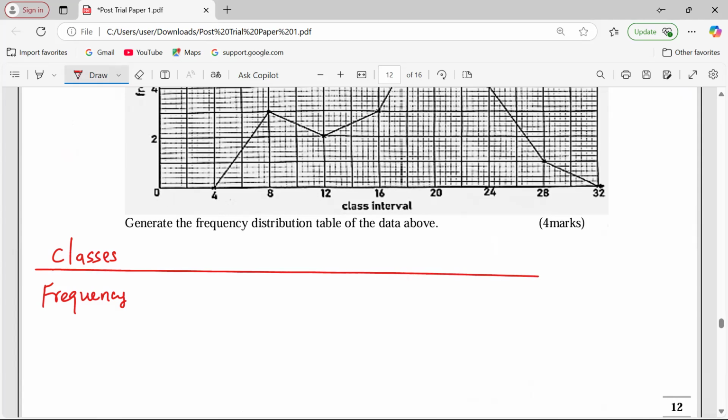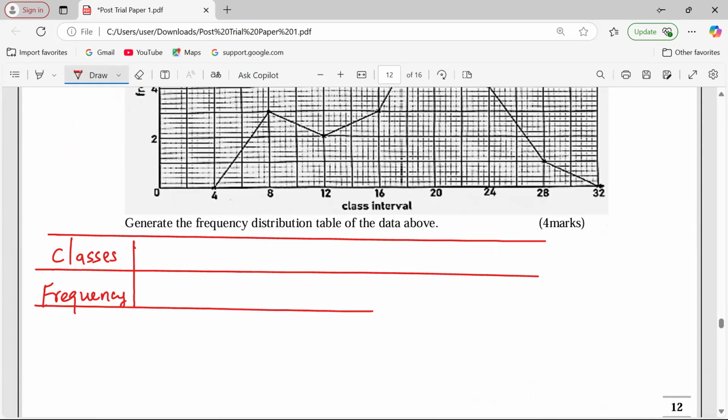Then something else that we're supposed to understand. Something else that we should understand is that for us to come up with a frequency polygon, what is plotted is usually frequency against midpoints.